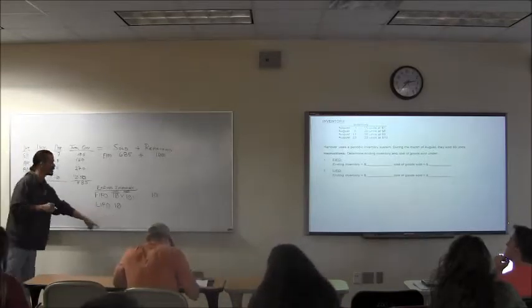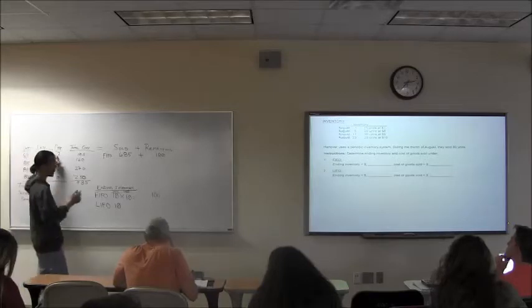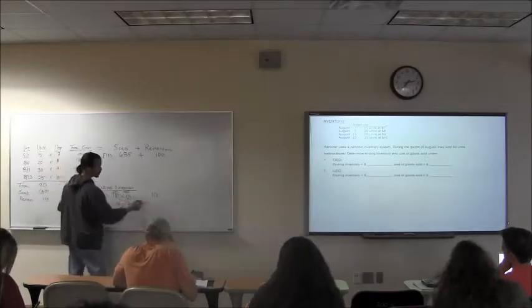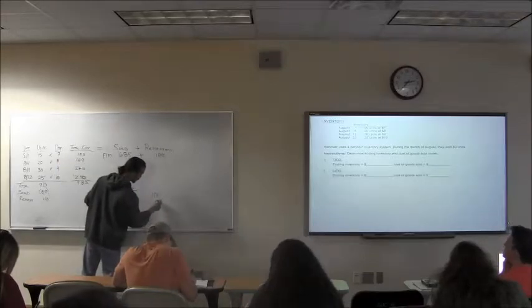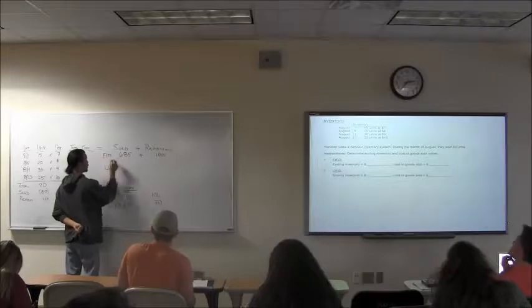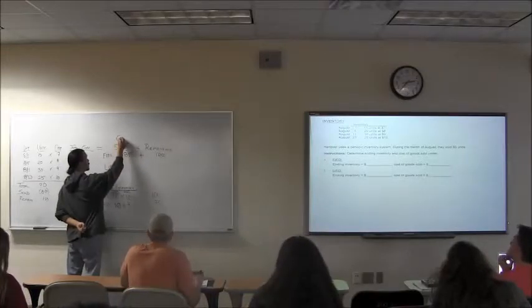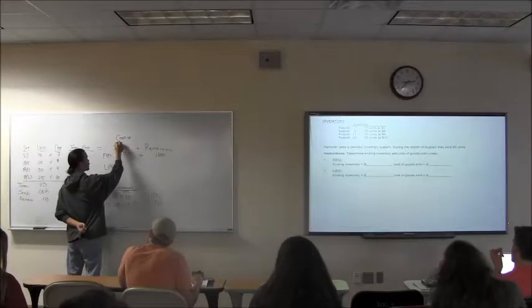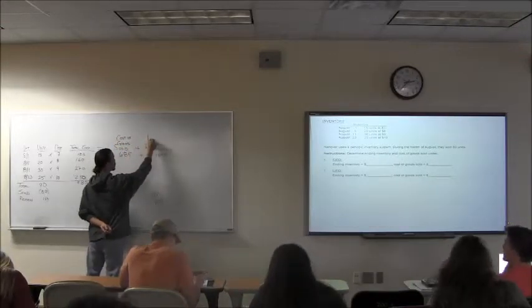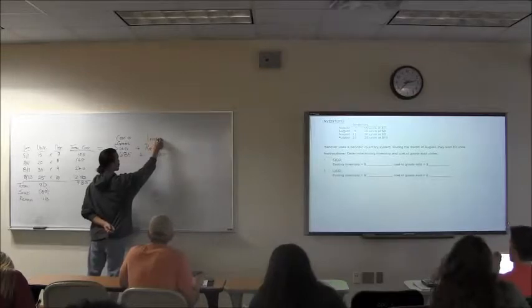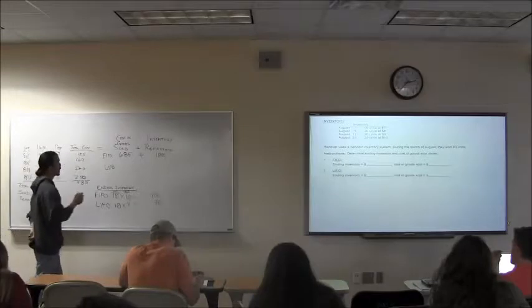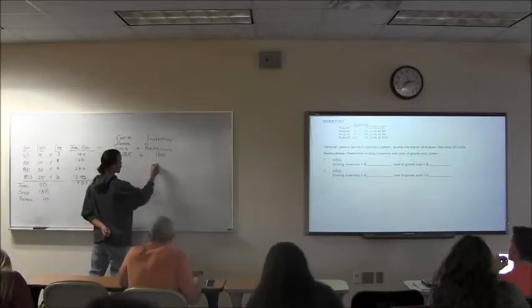That means this entire 10 will go at a price of $7. 10 times 7, 70. So my LIFO, okay, is $70 remaining.